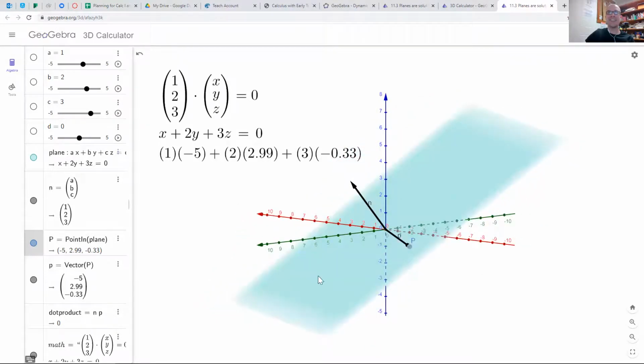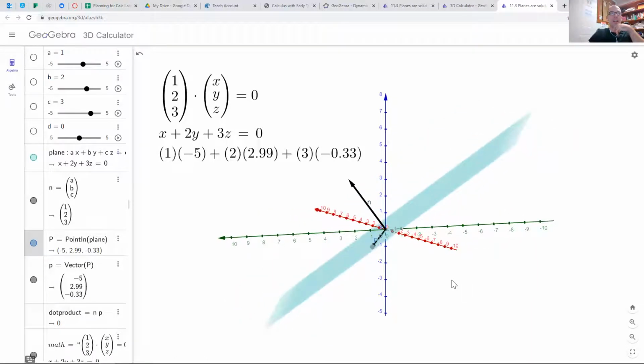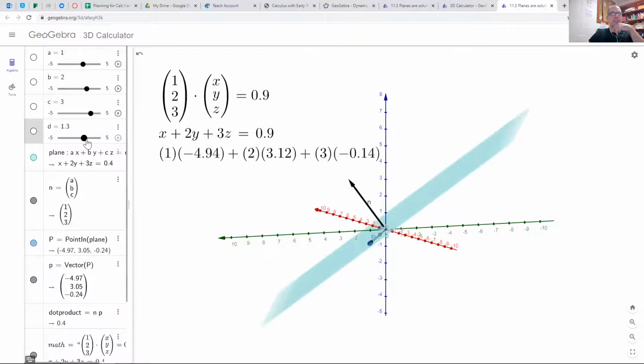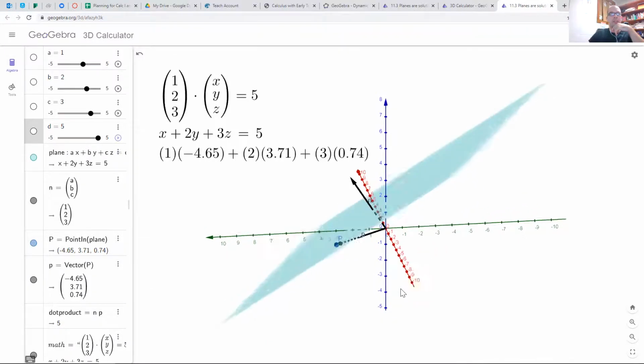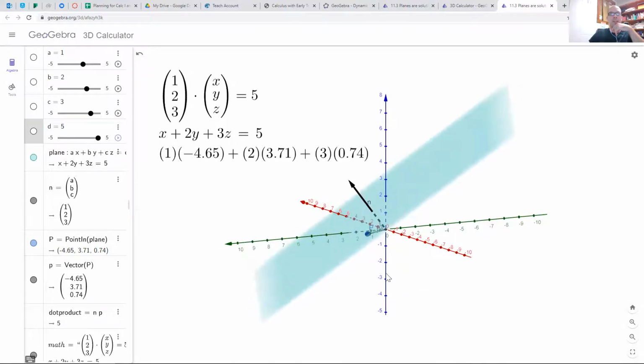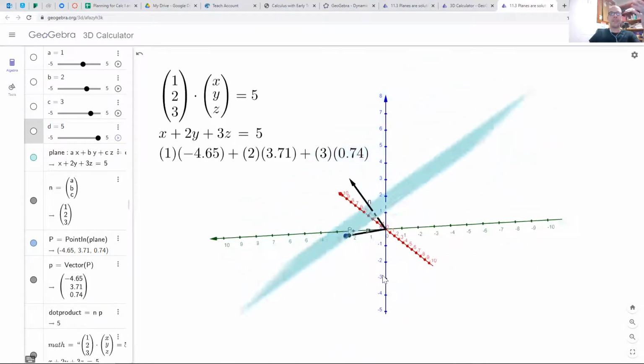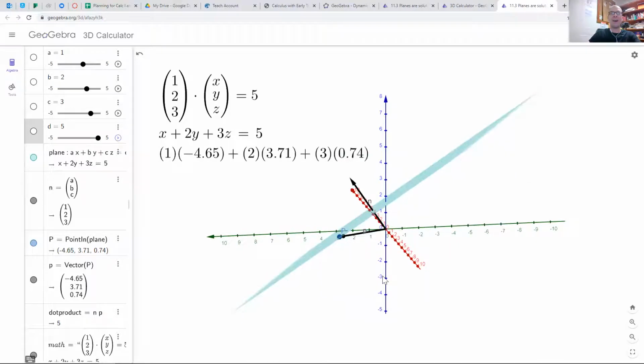So the plane is the solution set to this dot product equation. And earlier what I was saying is, if you shift that constant on the right-hand side, d, then you get a shifted plane. And now all of the points on this plane have a dot product of 5 with the normal vector.